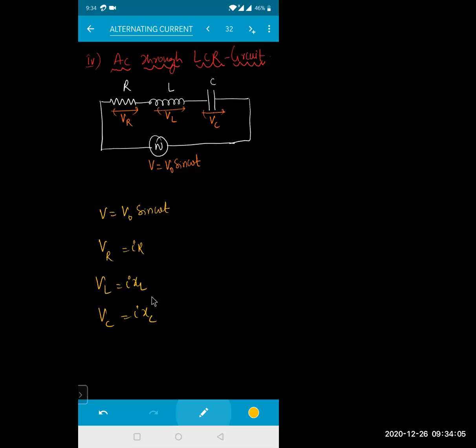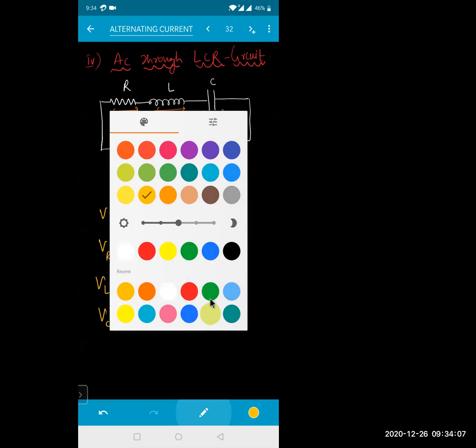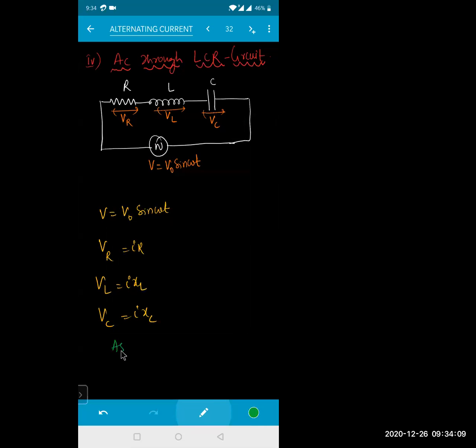Okay, so we are assuming a condition right now: assuming VL is greater than VC, that is XL is greater than XC. Now how do you draw the diagram for this one?